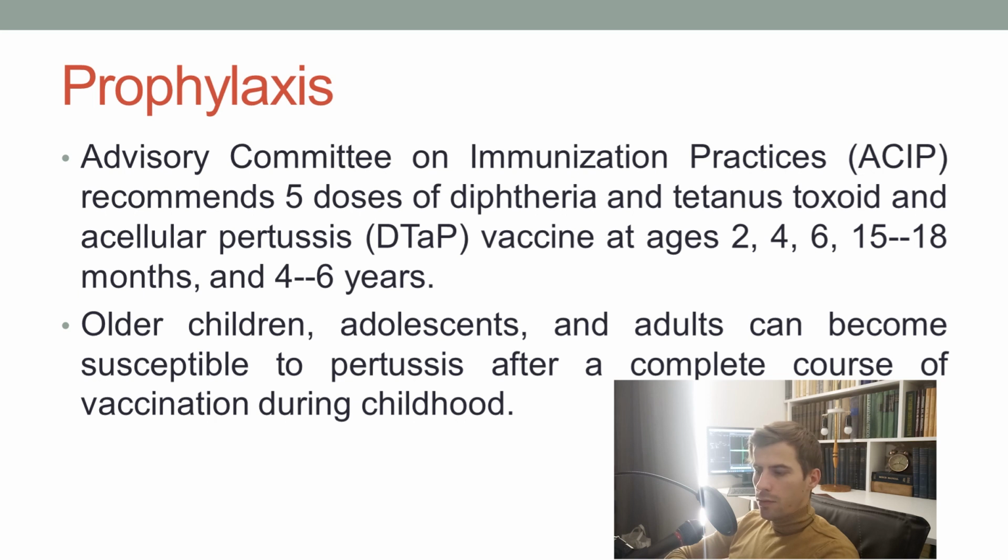Regarding prophylaxis of pertussis, we have immunization, vaccination with the DTP vaccine. In different countries it has different schedules, but basically it is at ages of 2, 4, 6 months, 15, 18 months, and 4, 6 years.